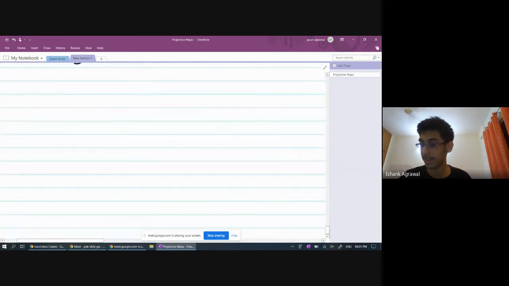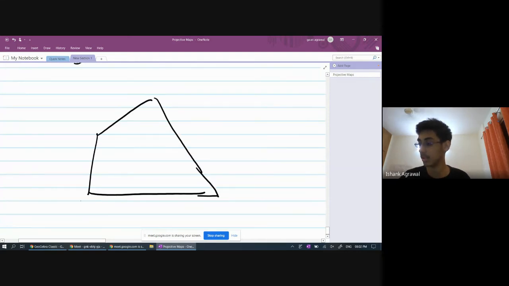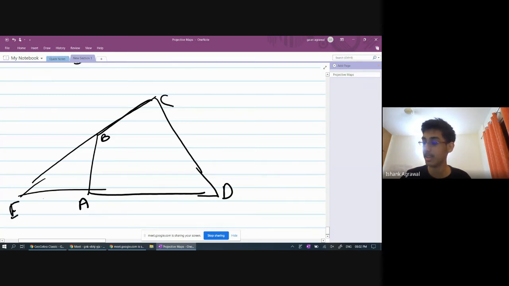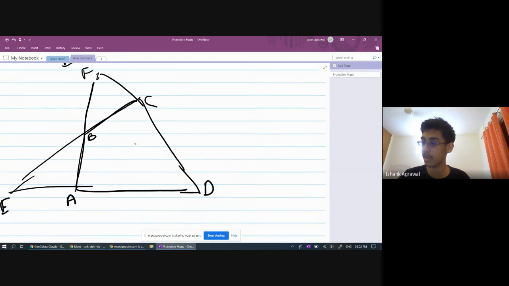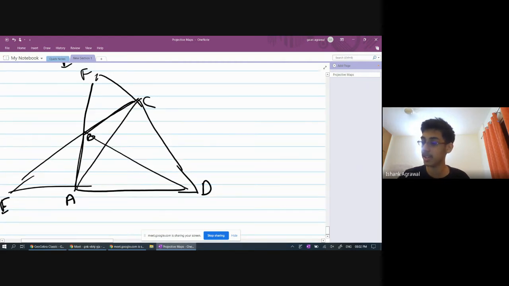The question basically asks, given a quadrilateral A, B, C, and D, if we take BC intersection AD, E, AB intersection CD, F, BD intersection AC, G, we take FG and we meet these at P1, P2.